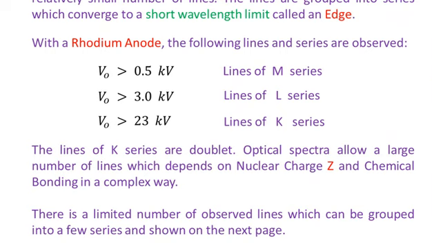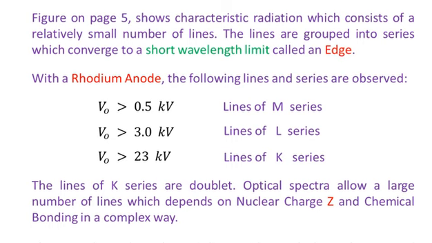So let me read this paragraph 5 again. The figure on page number 5, which I have just discussed, shows characteristic radiation which consists of a relatively small number of lines. For example, as you have seen, the number of lines for RH alpha, RH beta, RH gamma, and RH delta has very diminishing values.